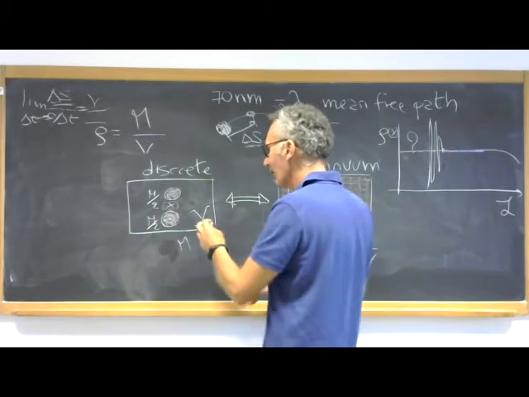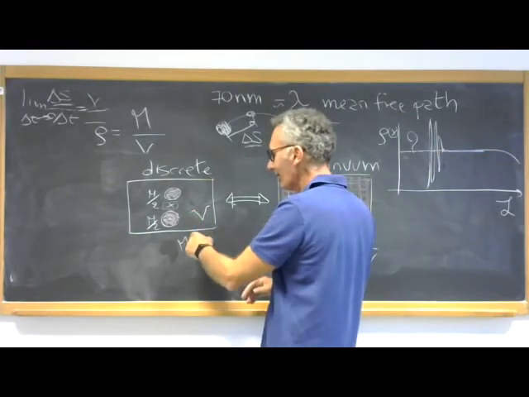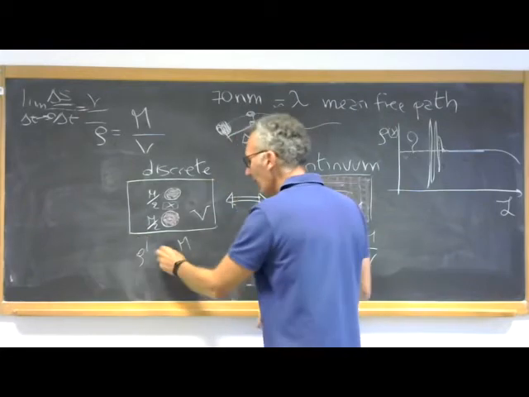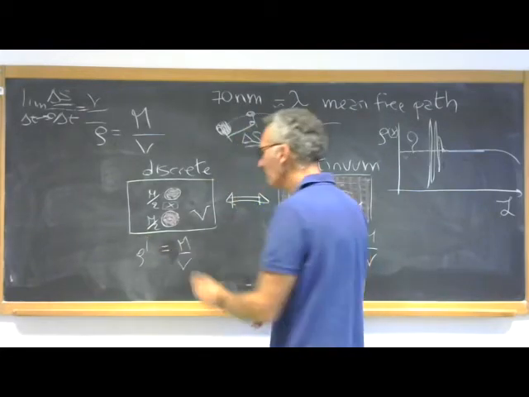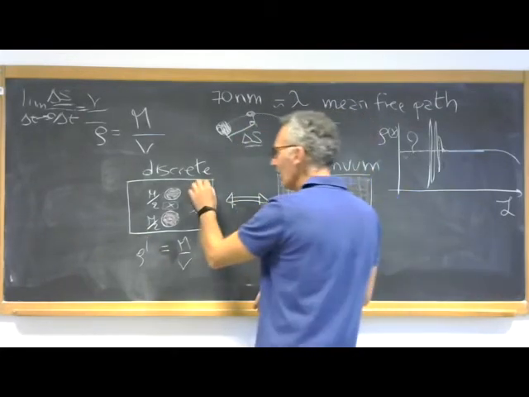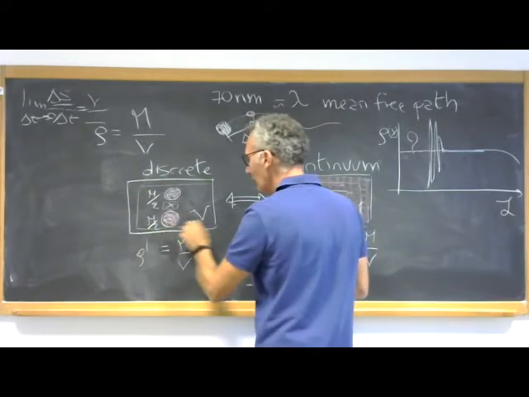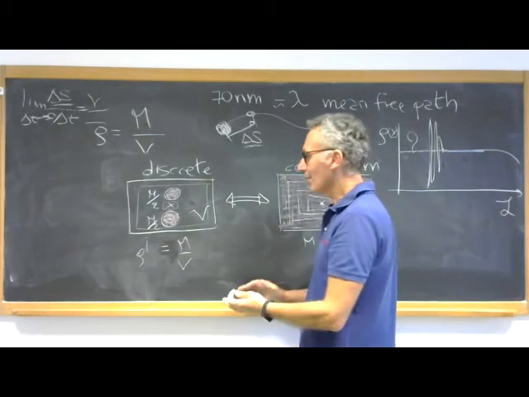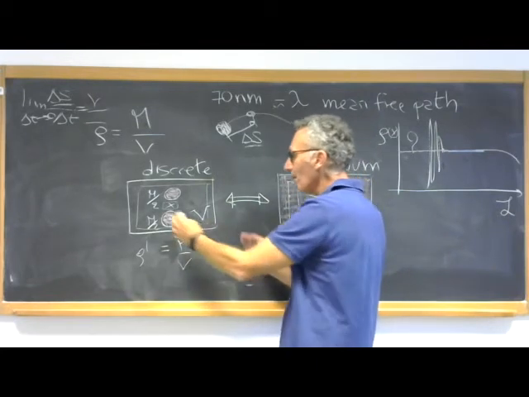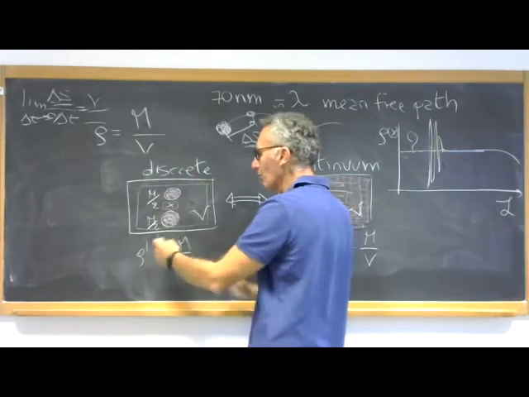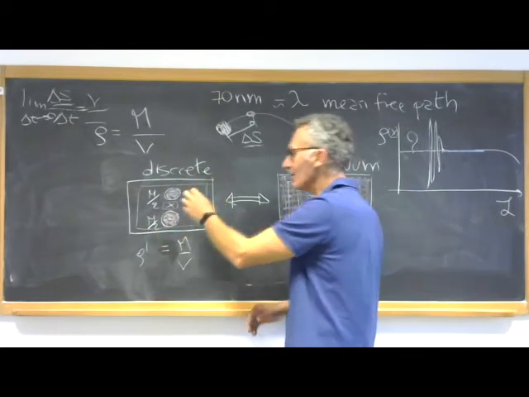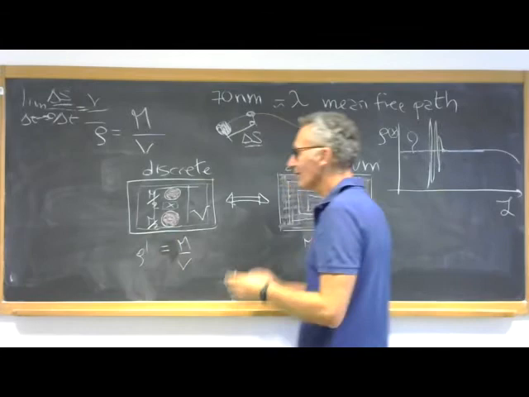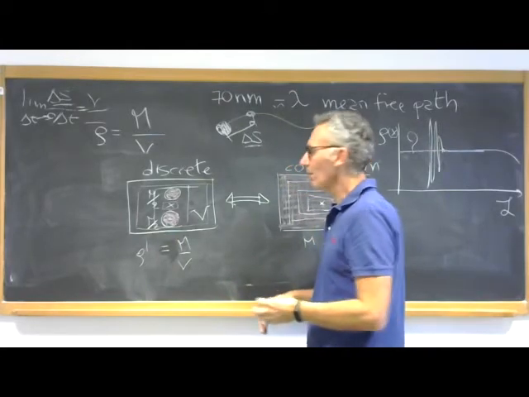Actually, what happens in this case is that if I define, say, this density, let's call it rho prime, as the mass divided by the volume, as you can see, if I shrink the volume, the volume decreases, but the mass is the same. And then, the more I shrink the volume, the more rho prime increases, up to the point I maintain the two bolts in the sampling volume.